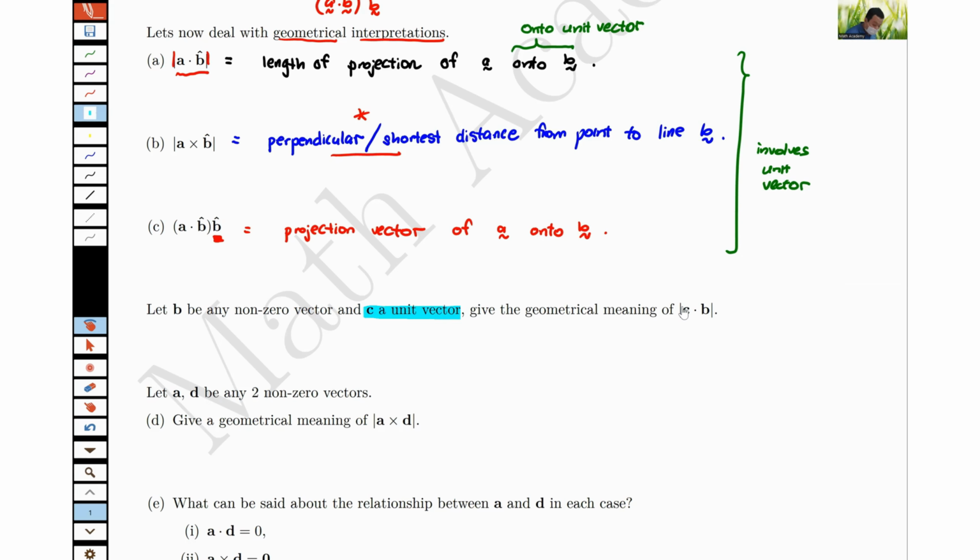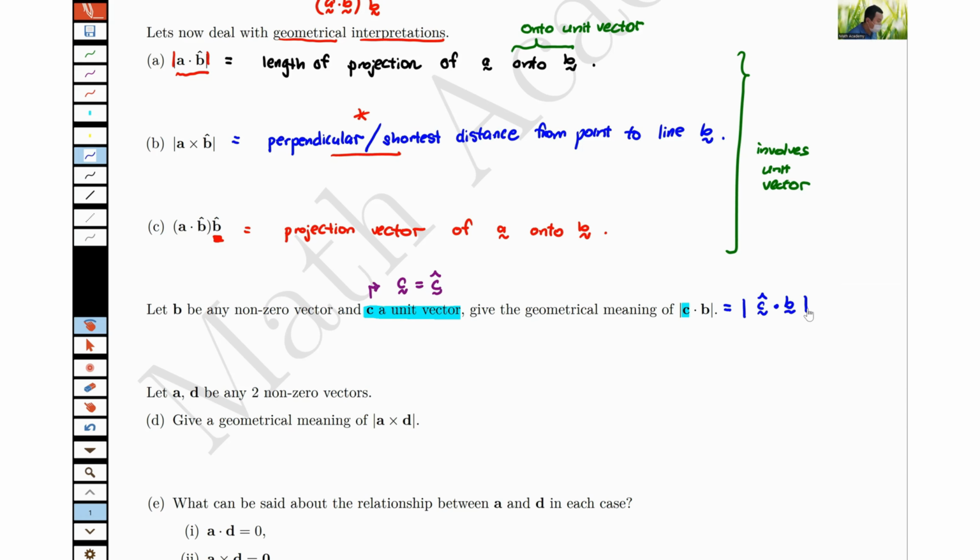What is this interpretation of mod C dot P? If C is a unit vector, it will also mean that C is C cap. It is its own unit vector. So length of C is 1. And we also know length of C cap is also 1. So C is C cap. Which will mean that in this equation that they want you to describe, this is actually C cap dot P.